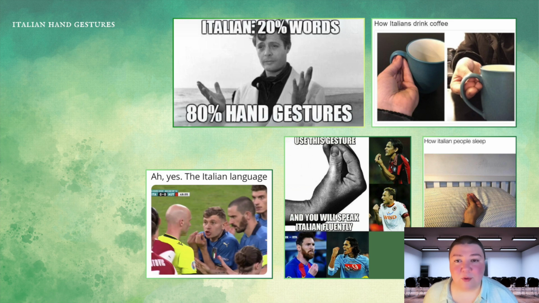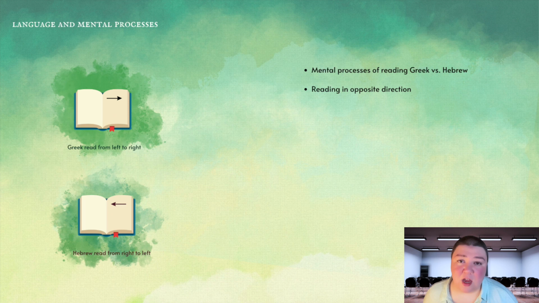The mental processes you have to go through to read the Hebrew text requires different skills than reading Greek. A simple example of this is the fact that you read in the opposite direction. Hebrew is written from right to left, like in the case of Arabic. Language can affect our thinking in dramatic ways. For example, how we think about time.